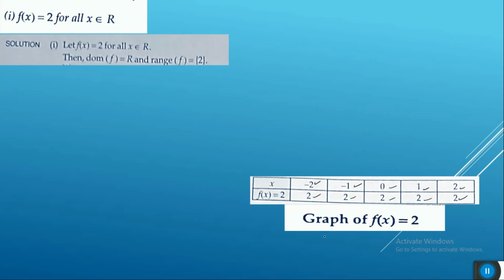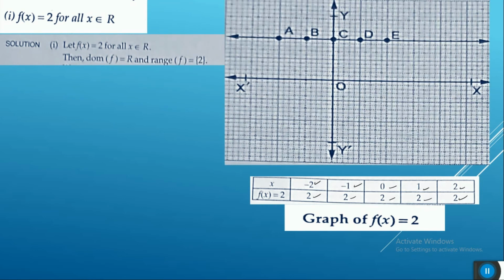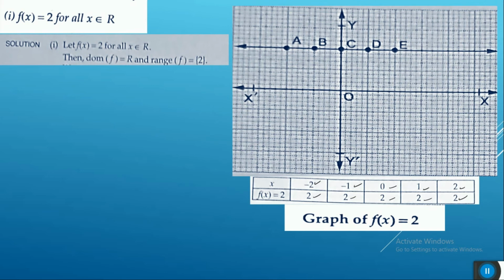So this is the graph of f of x equals 2, which is this. Let's see the scaling first. On the x-axis, 5 small divisions make 1. So 1, 2, 3, 4, 5. This is 1, this is 2, this is 3, this is 4.